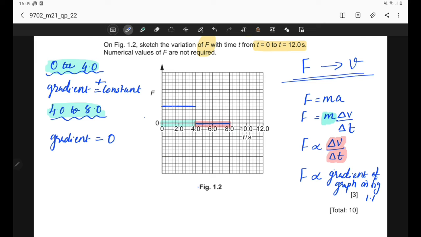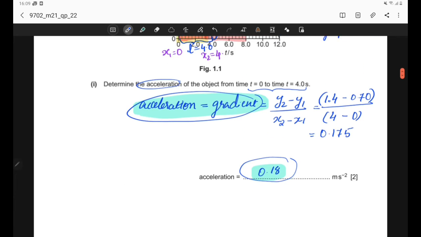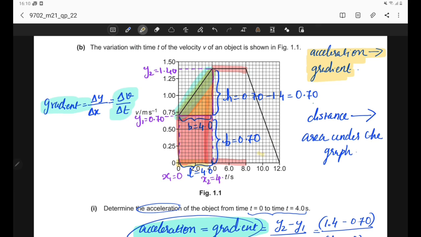Now we can check the gradient of the graph between 8 seconds and 12 seconds. So again we can go back to the graph. During the section from 8 to 12, this is the slope. We can understand this gradient is almost double the initial gradient, because during the 4 seconds it changes its velocity from 1.4 to 0.